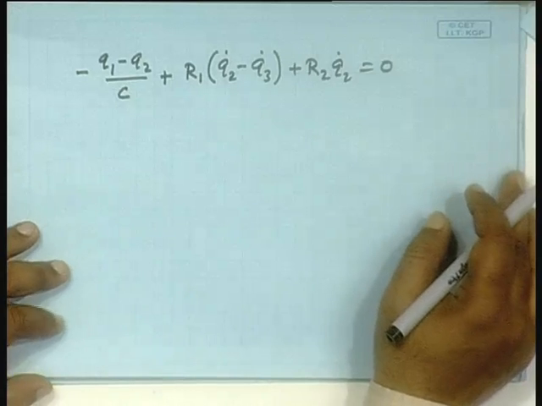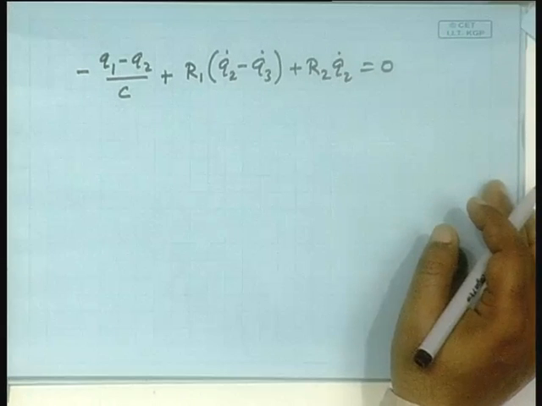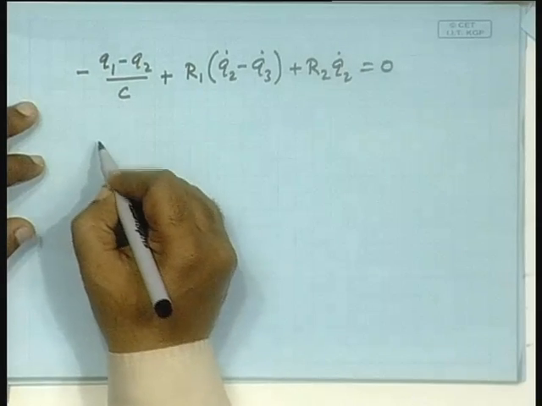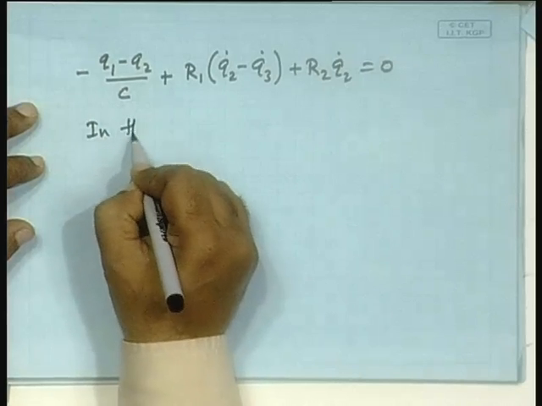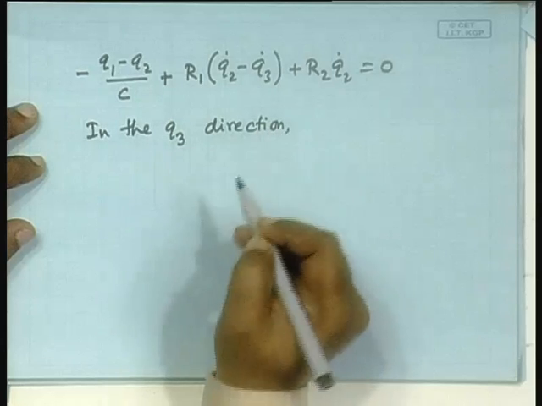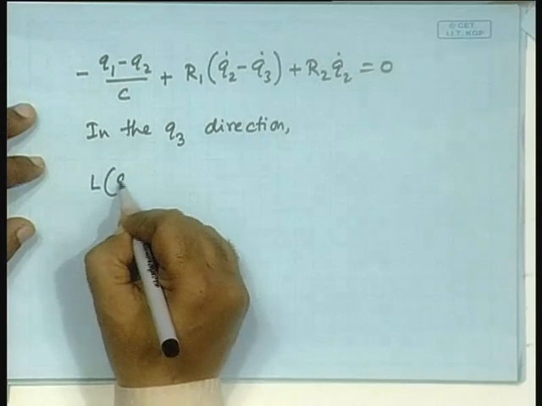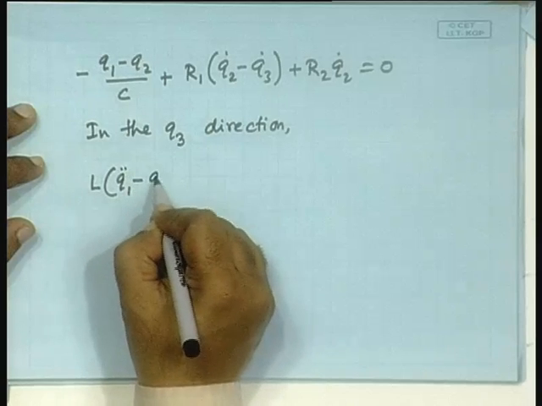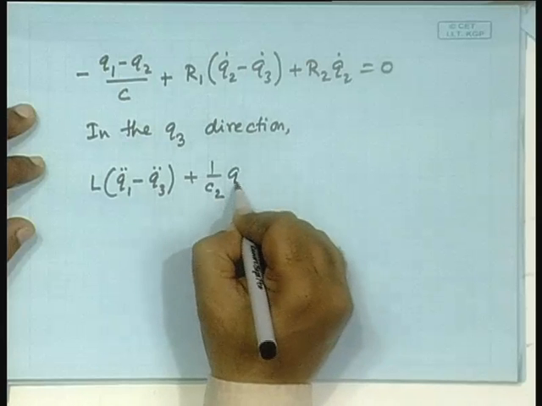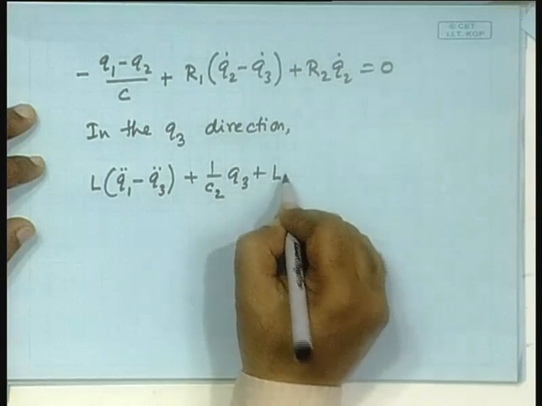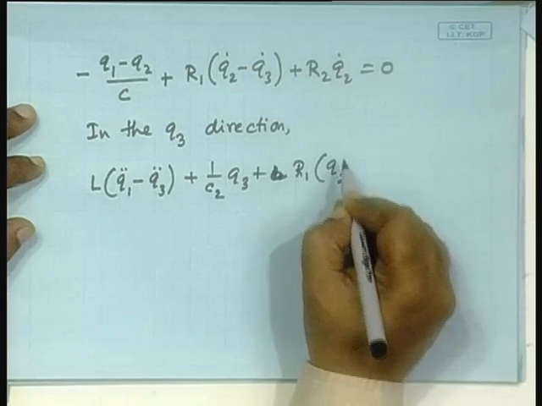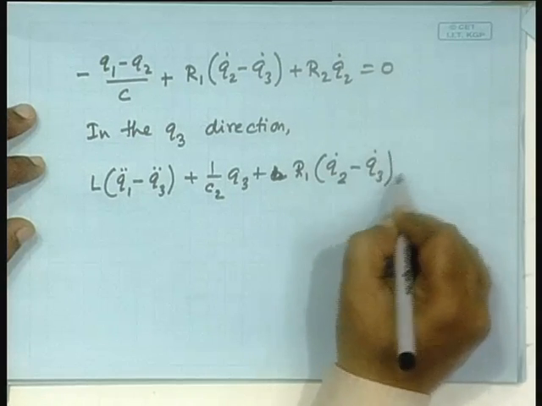Similarly, you obtain the equation in the third direction, and it will actually take the form L q1 double dot minus q3 double dot plus 1 by C2 q3 plus r1 q2 dot minus q3 dot.